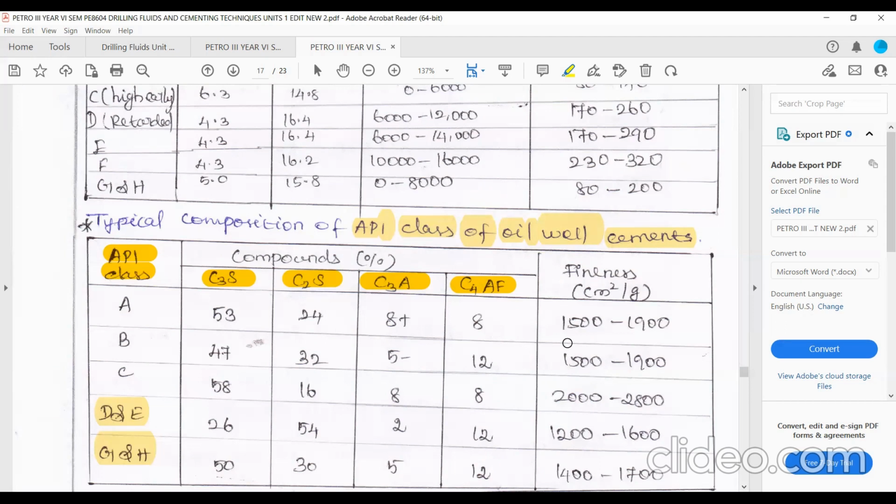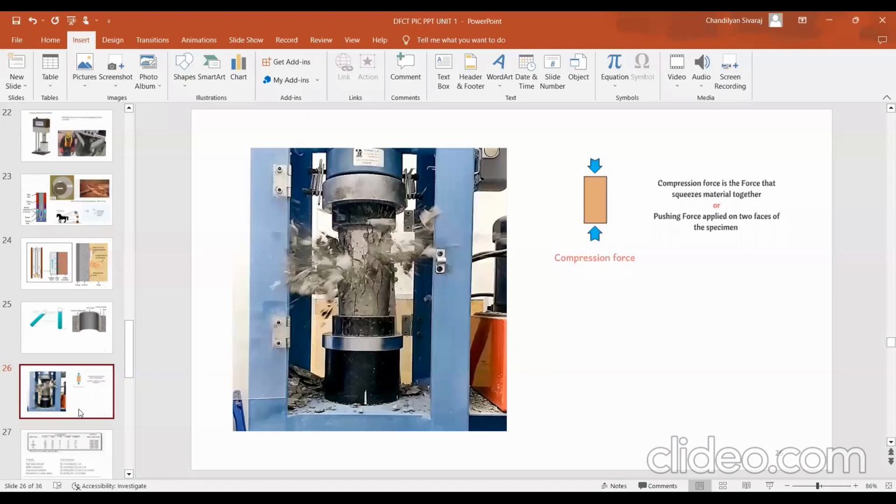But I have to tell you what C3S, C2S, C3A, C4AF are, which is very simple. Tricalcium silicate, dicalcium silicate. If I share the slide with you, it will be easy for you. I put a picture here, and the other references you can see here.